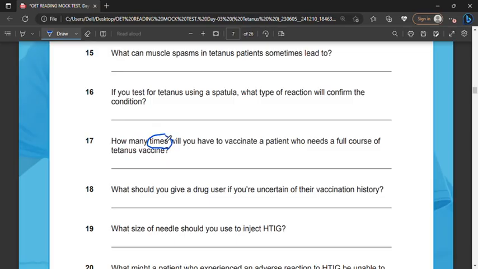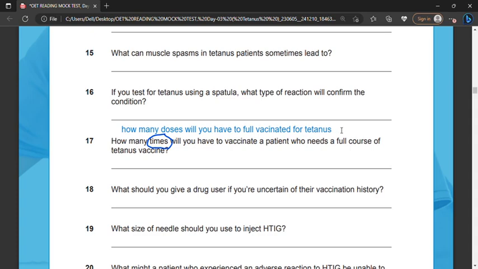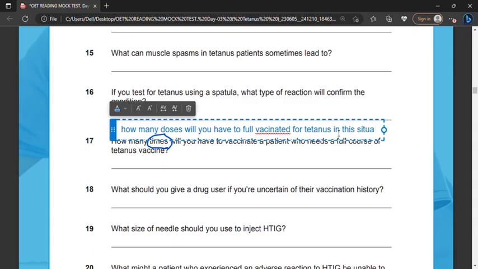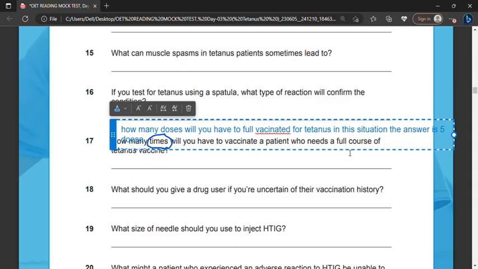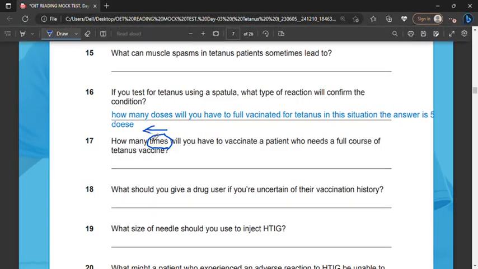If they asked you how many doses you will have to give for full tetanus vaccination, in that situation the answer is 5 doses, because in that question they are asking how many doses you will need to vaccinate a person.